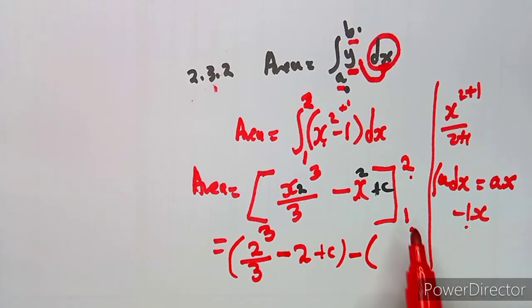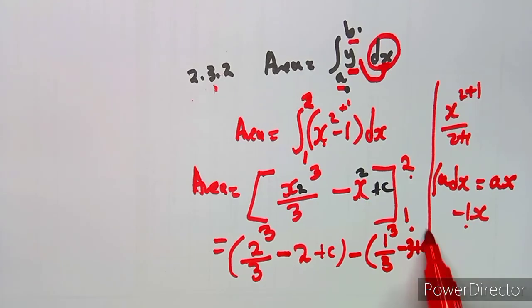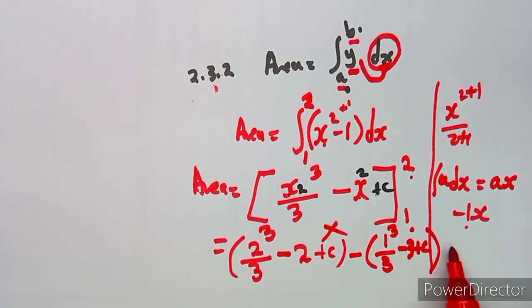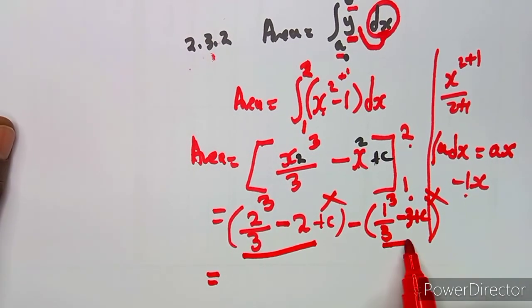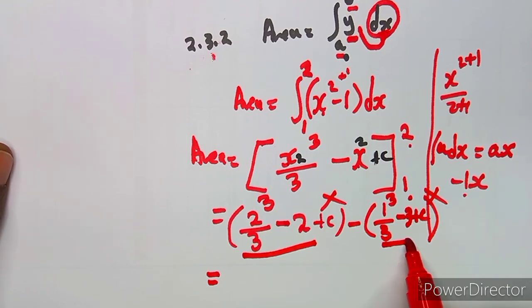Minus, this time the lower limit is 1, so it's 1 to the exponent of 3 over 3 minus 1, plus C. That is when you wrote it. As you can see, C and C cancel each other, so you are going to be left with this part minus that part.